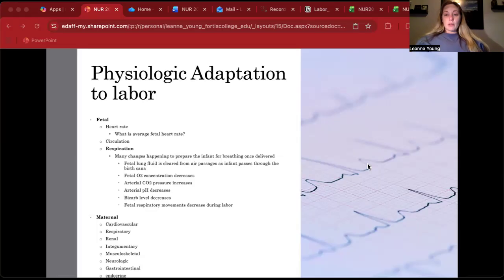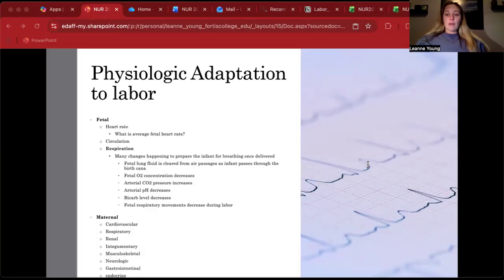We'll see a white blood cell count increase. Respiratory rate will increase. Temp may also elevate during labor. Proteinuria may occur. Gastric motility and absorption of solid food are decreased. Nausea and vomiting in labor is very common. And then blood glucose levels will decrease as well.